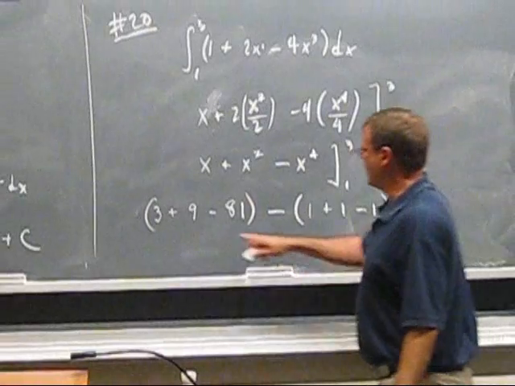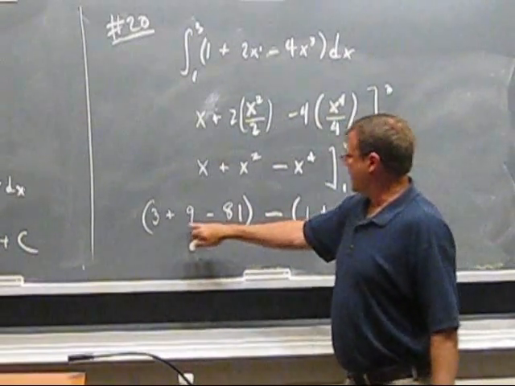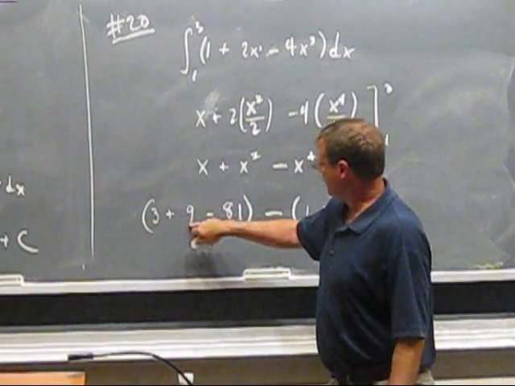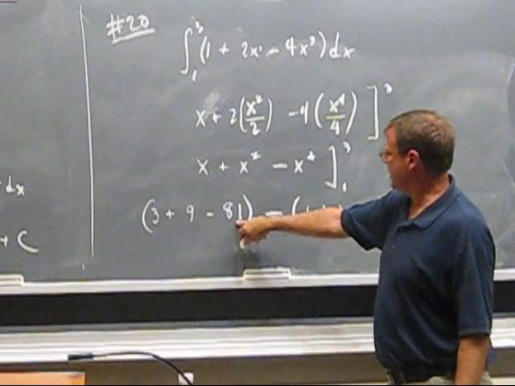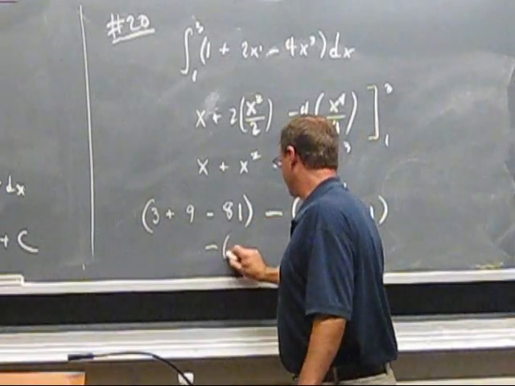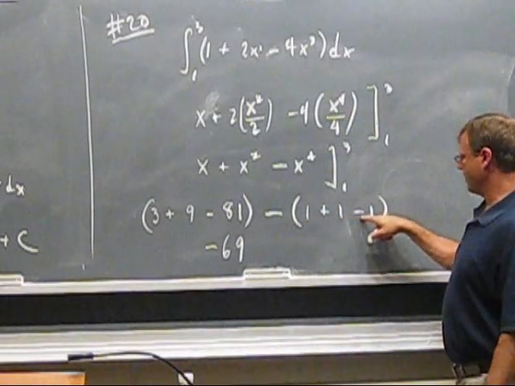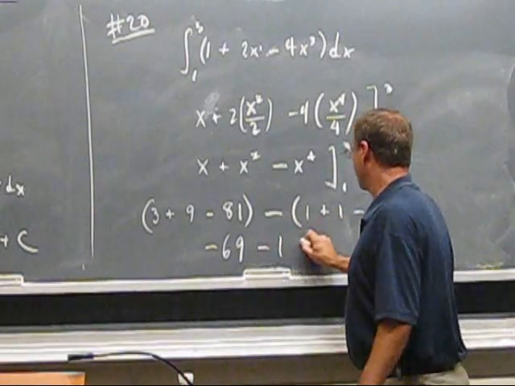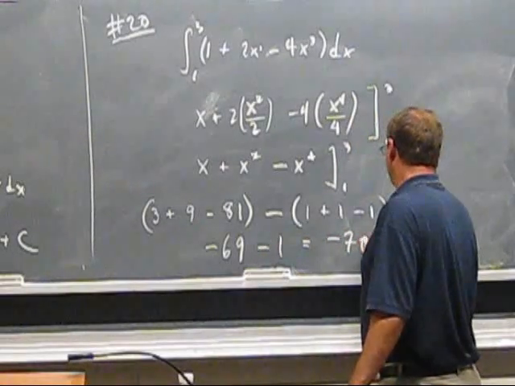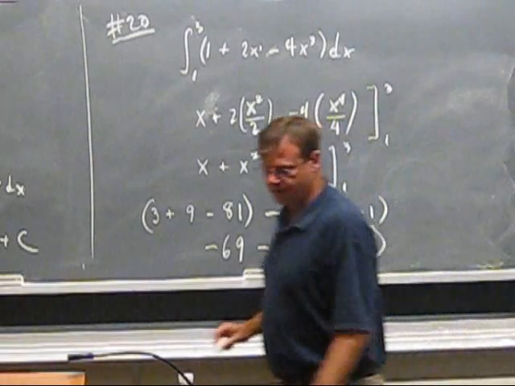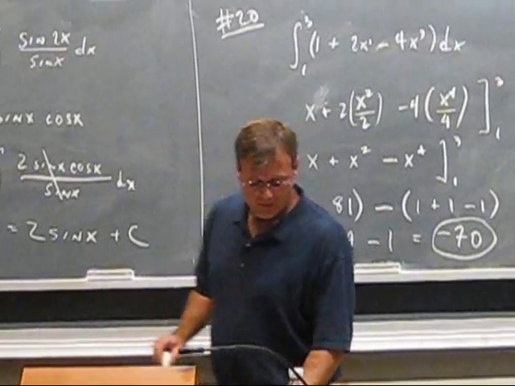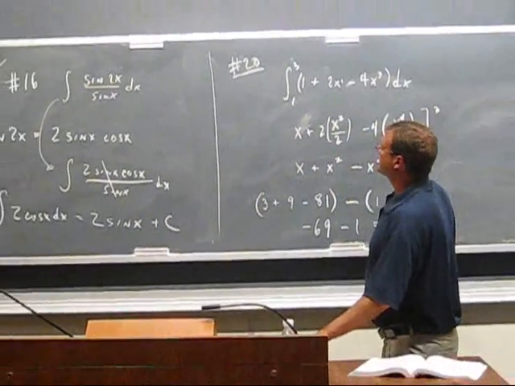So this is 12. If I subtract 12 from 81, I get negative 69. And then here I have another positive 1, minus 7. Okay, that takes care of those two.